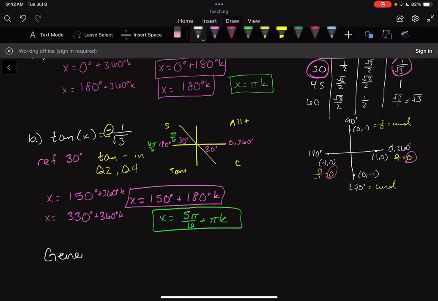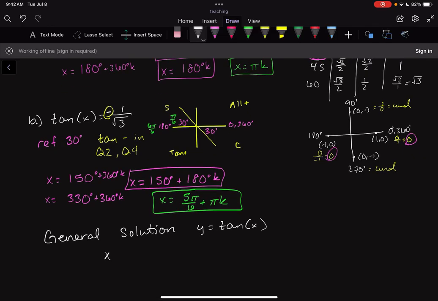Let's talk about the general solution. So for tangent, you would do x equals tangent inverse of y, and for this one you would just do plus pi k. And then to get the other answer, if you want it, you would do pi plus tangent inverse of y plus pi k.